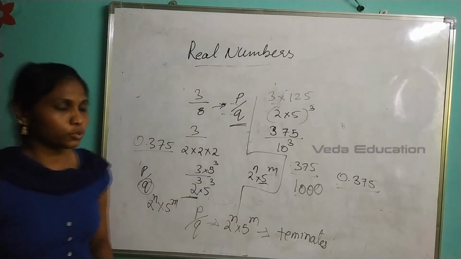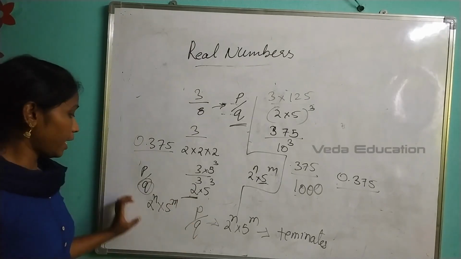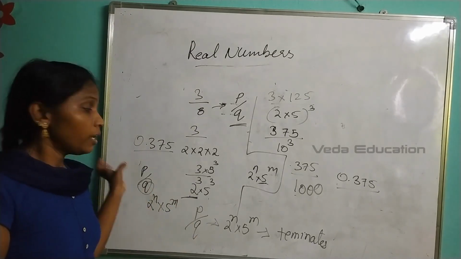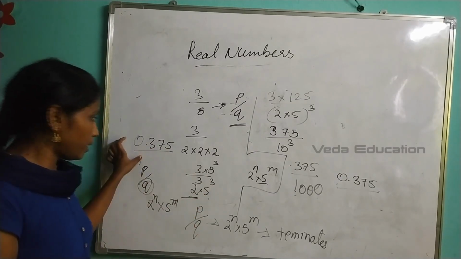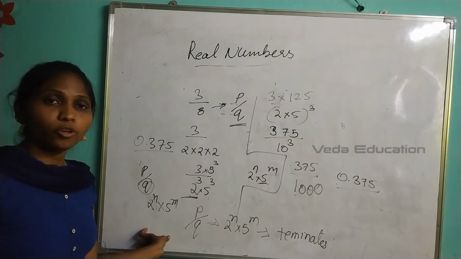So about these two statements, what did we get? Compulsorily the denominator q we can express as 2 power n and 5 power m. If 2 power n 5 power m, it is a terminating decimal. If a terminating decimal, you can write it in the form of 2 power n and 5 power m.